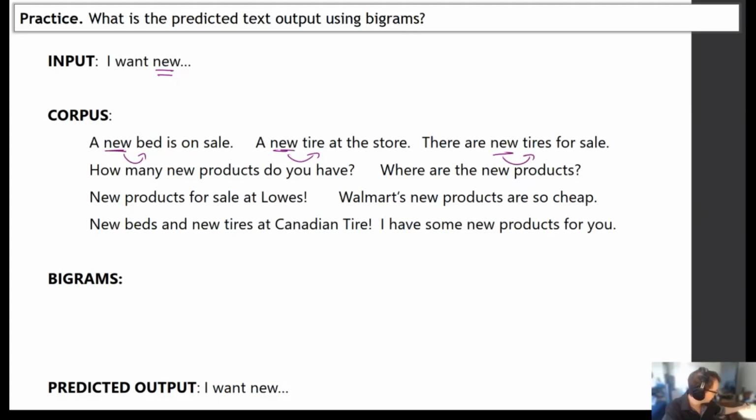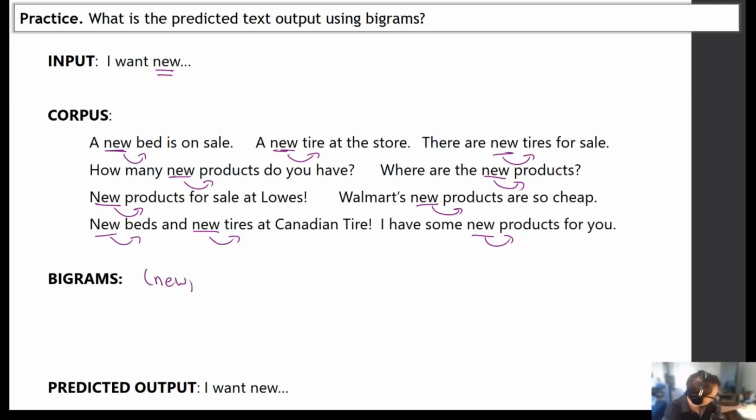So we'll find "new" in each of these, and then we'll take a look at the word that comes after. Okay. So those are all the times we have "new," and now we're going to list our bigrams out.